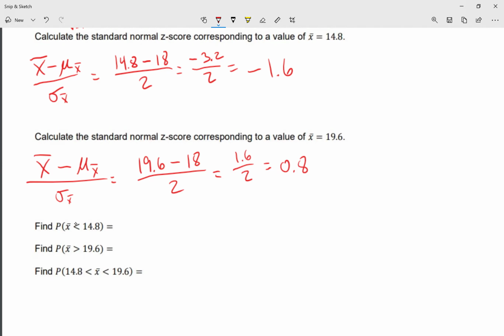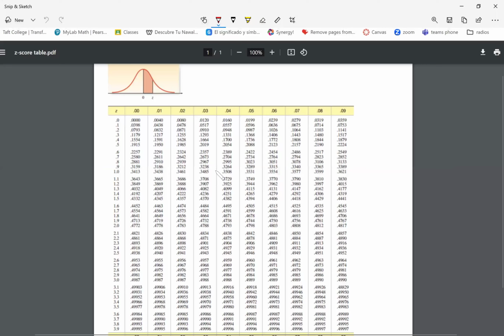My 14.8 gave me a z-score of negative 1.6. Let me see what negative 1.6 gives me first. Let me bring up my table. Remember this table that I gave you guys?